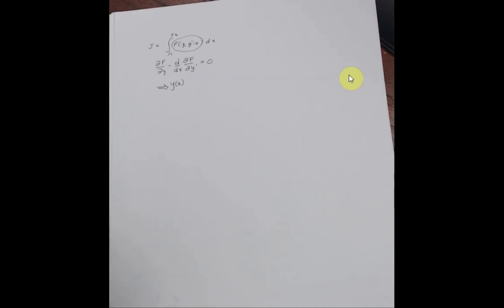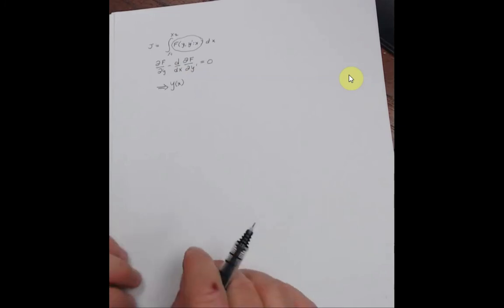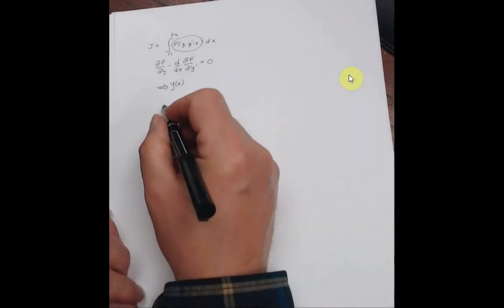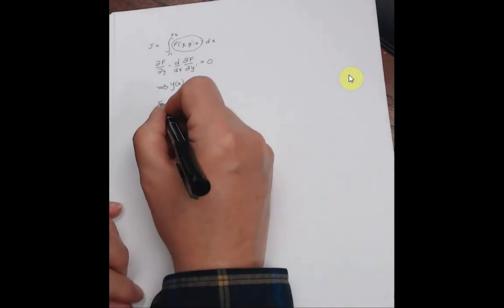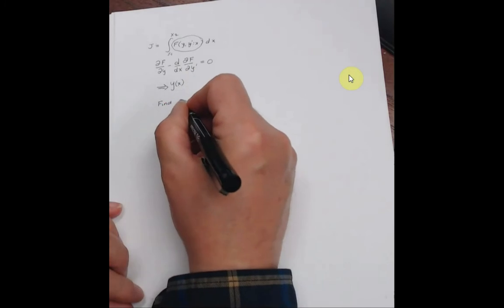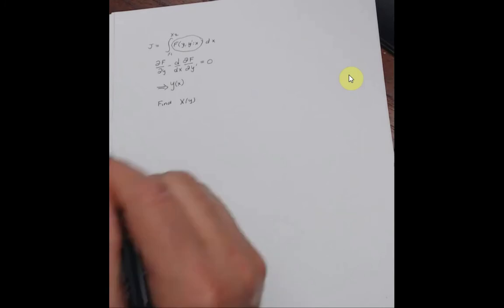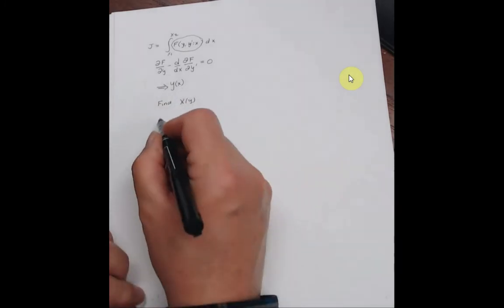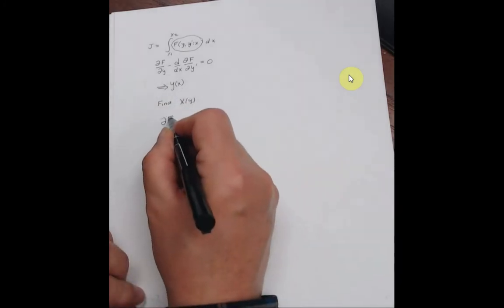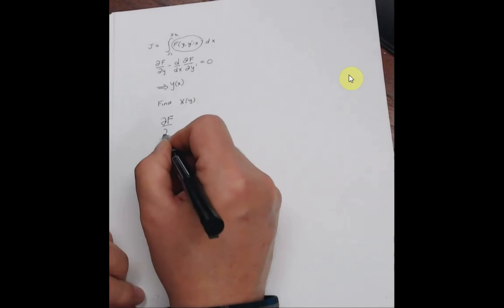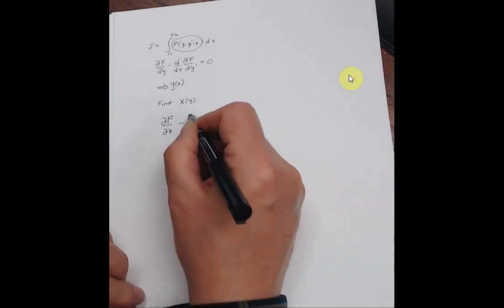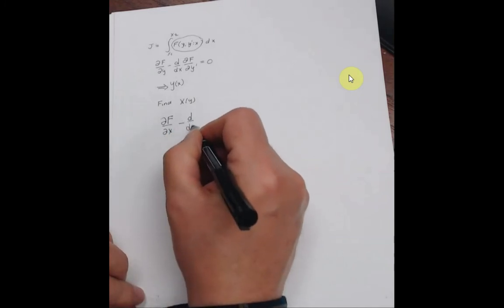There might be a case, for example in this next example, where we want to find instead x as a function of y. We want to think of x as the dependent variable on y. And if you do that, you can show easily that Euler's equation would change to this.